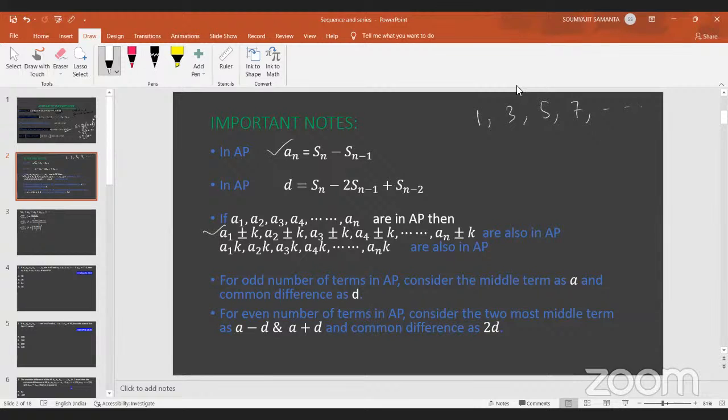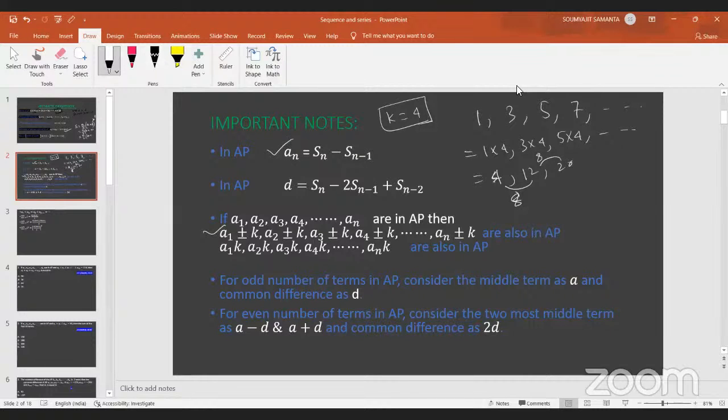Now if we multiply by a constant term, let's say k equal to 4, with each term, that is 1 into 4, 3 into 4, 5 into 4, the resulting sequence, that is 4, 12, 20, will also form an AP. Why? Because 12 minus 4 is 8, and 20 minus 12 is also 8.